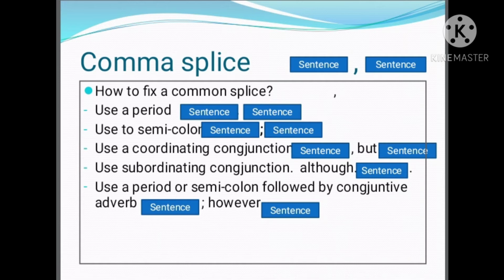We can use a subordinating conjunction: how, though, as, if, unless, however, as if, in order that, until, whether, after, ever, since, that, where, although, whereas. And we can use a period or semicolon followed by a conjunctive adverb like besides, as a result, moreover, indeed.